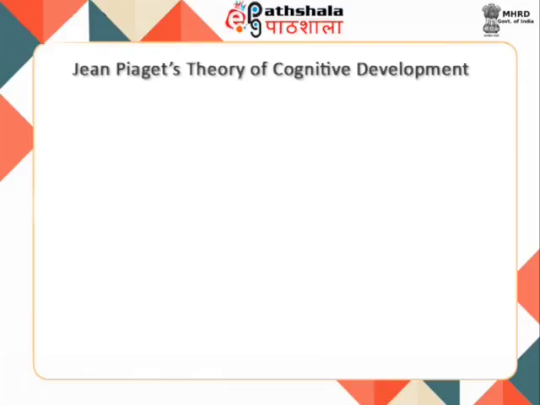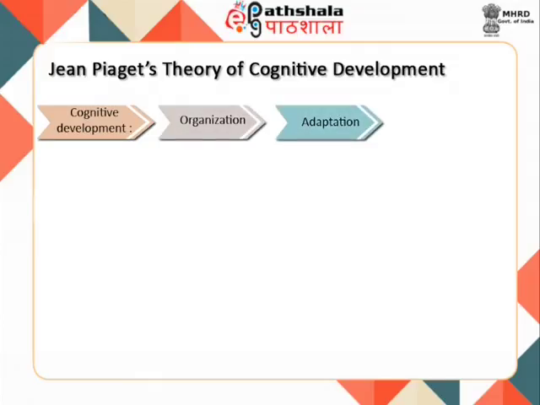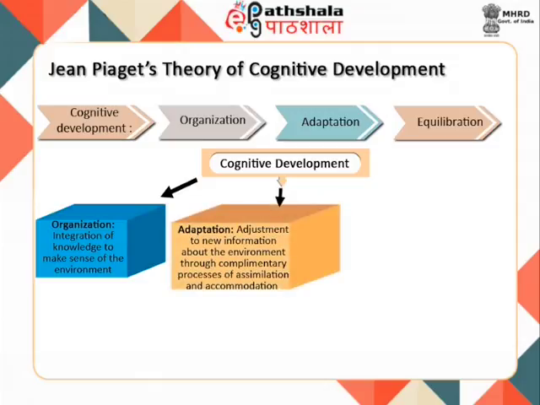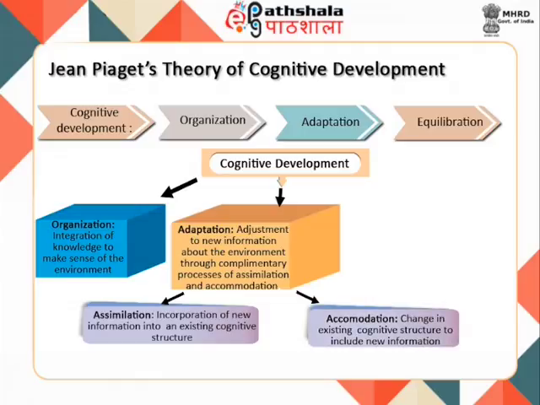Piaget highlighted that cognitive development occurs through three interrelated processes of organization, adaptation, and equilibration. 1. Organization refers to the integration of knowledge to make sense of the environment. 2. Adaptation refers to the adjustment to new information about the environment through complementary processes of assimilation and accommodation.